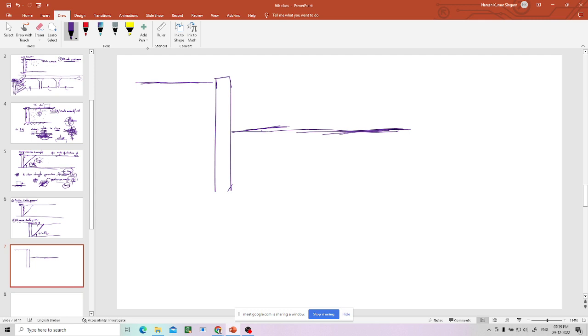Now, there is a soil here. Soil can be on the other side also, right? To maintain different levels, there is a soil here. Now, because of this soil, it can move in this direction.